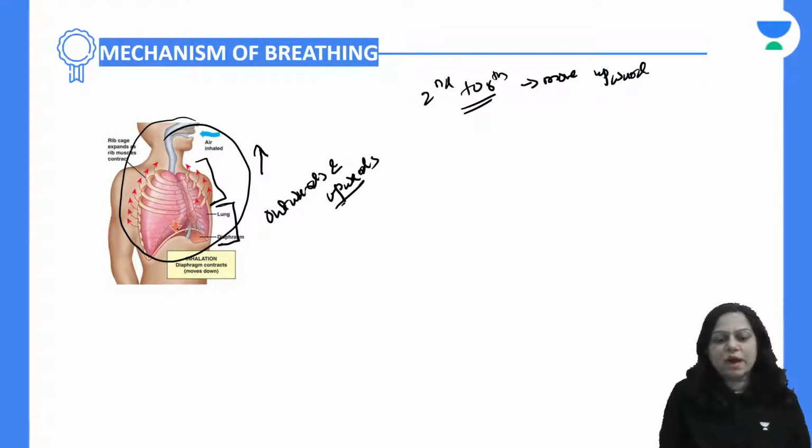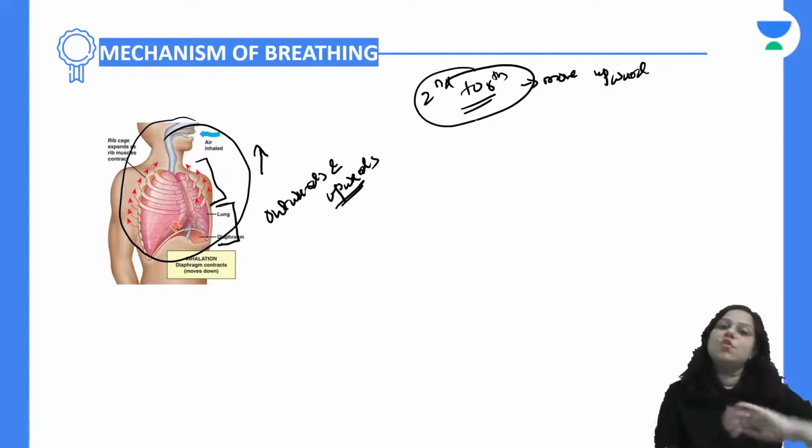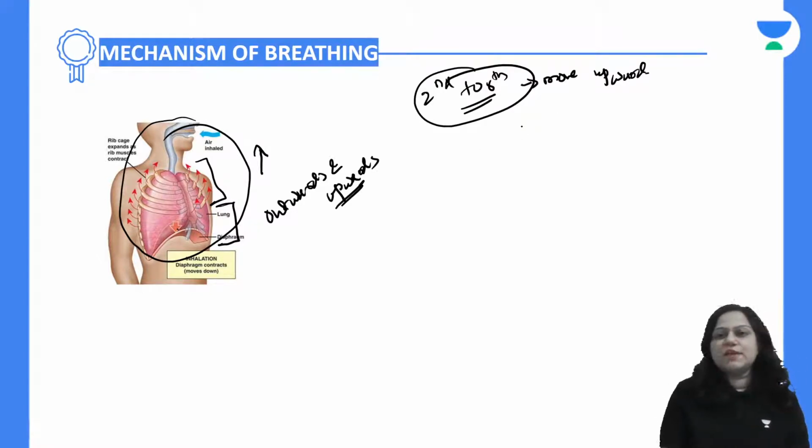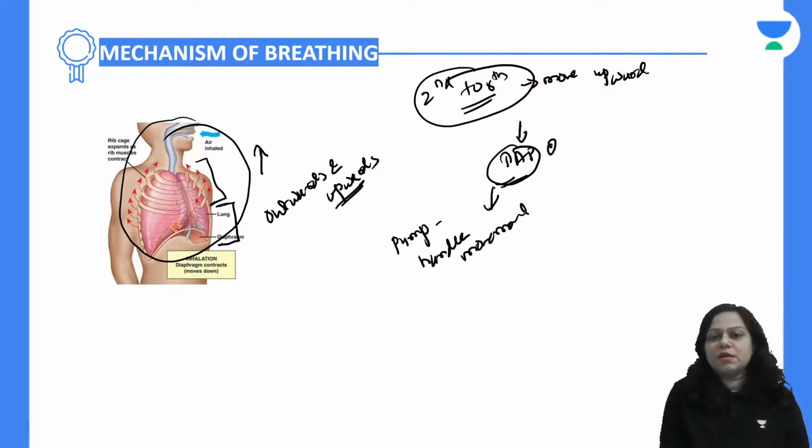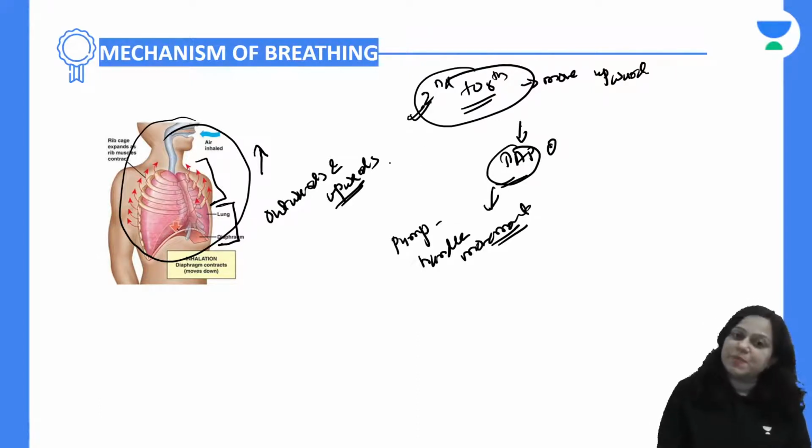See, second to sixth rib will move upward, so it will cause increase in the antero-posterior diameter. And this movement, this is important, is known as pump handle movement. This is during the phase of inspiration.